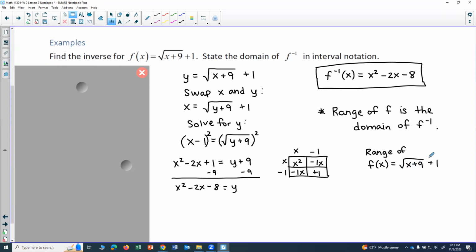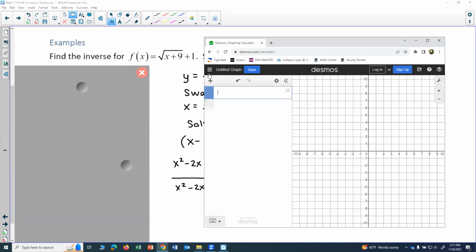So the range of that is going to be all the possible y values. Now I know that the lowest value that a square root can be is 0. So the lowest y value of square root of (x plus 9) would be a 0, and then add a 1. So the lowest y value of that function would be y equals 1. So let me graph it. And you can actually see.